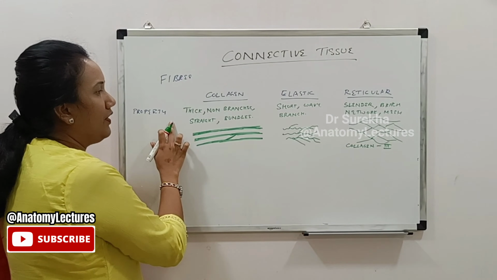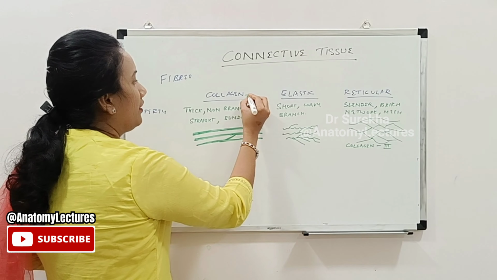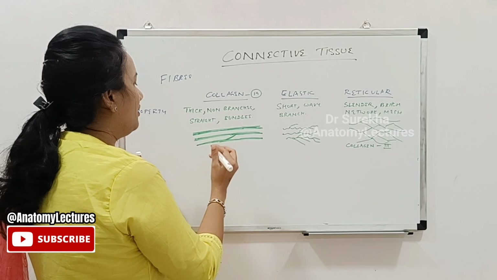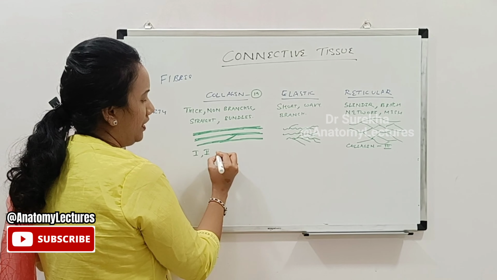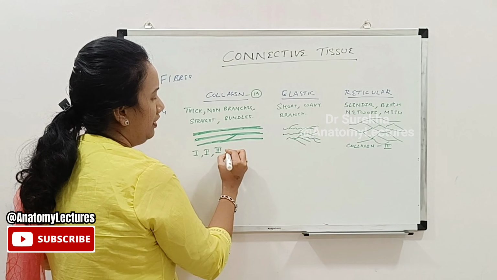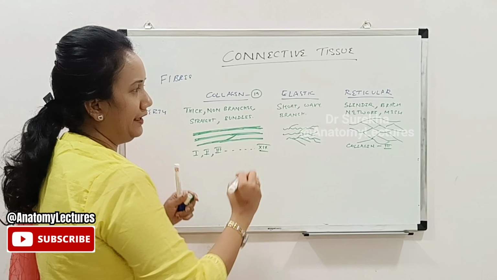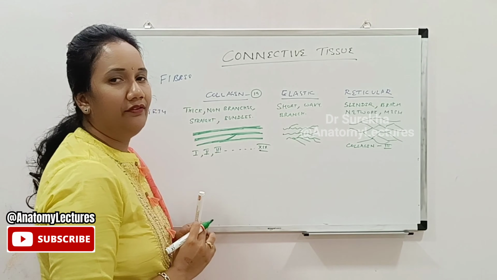If you see, there are actually 19 different types of collagen fibers. For each type, we number them using Roman numerals, 1, 2, 3, 4, up to 19. Reticular is type 3 collagen fibers.